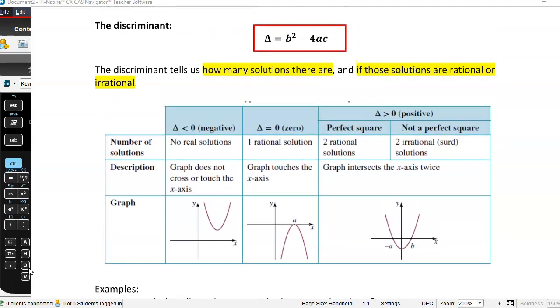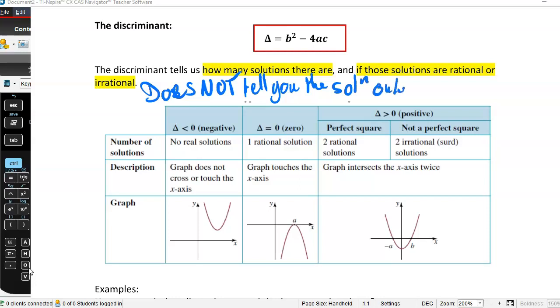Now it's worth noting here that the discriminant does not tell you the solution, only how many solutions there are.